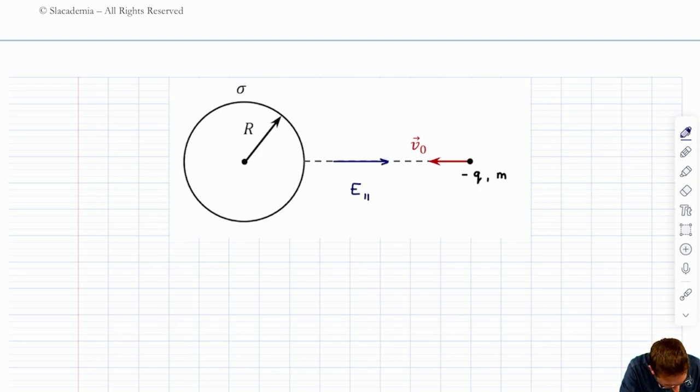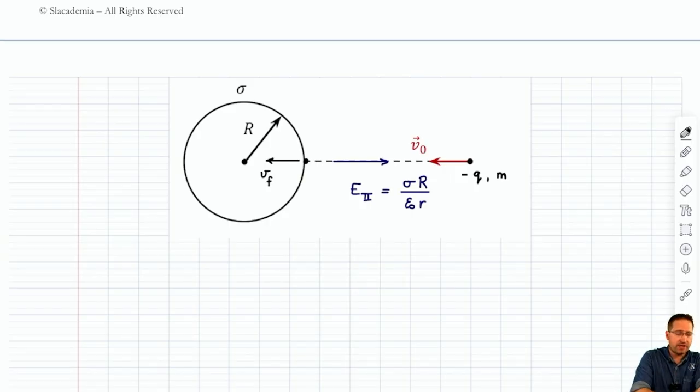E2 is radially outward. In magnitude, I've just figured out that it's sigma R over epsilon naught little r, so I know that. And then I'm going to look at this particle as it begins here and ends here as it reaches the cylinder and strikes it.